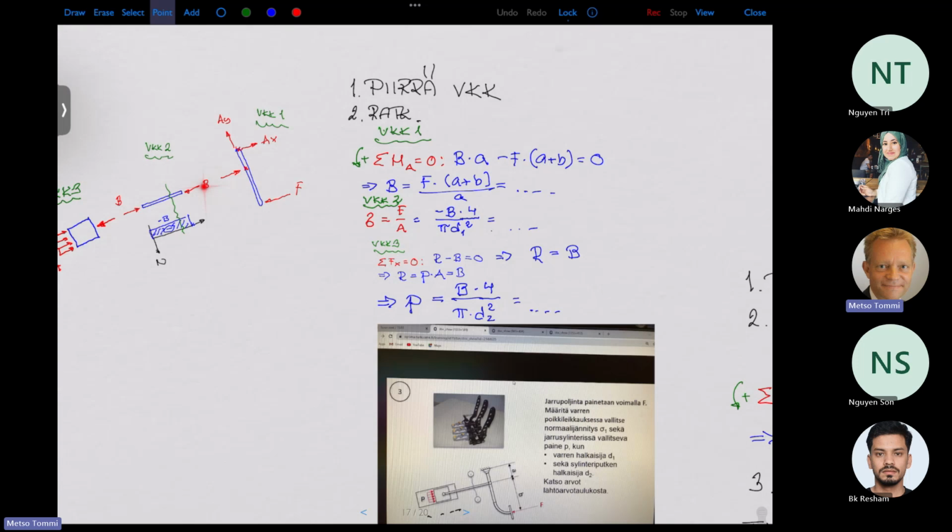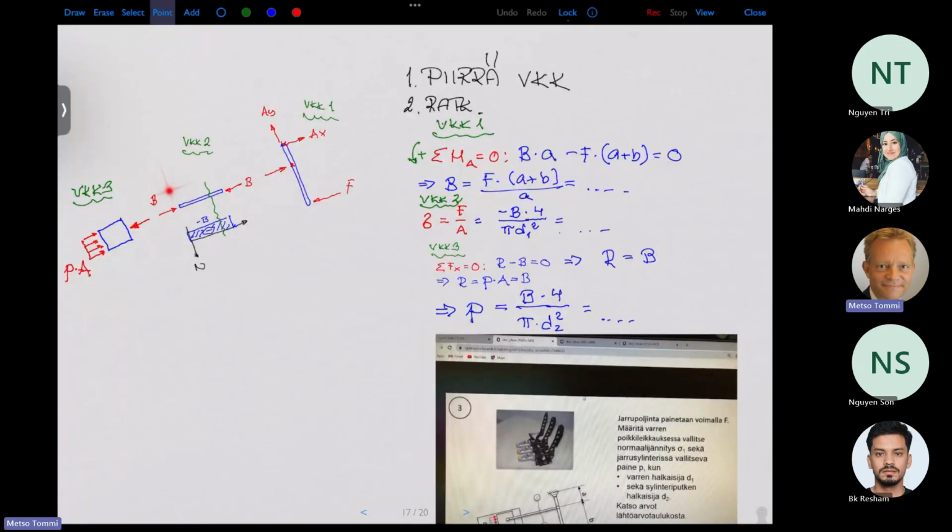And because this connection rod is affecting the pedal with force P, the pedal must affect the connection rod with the same equal force. It's the law of force and counterforce.